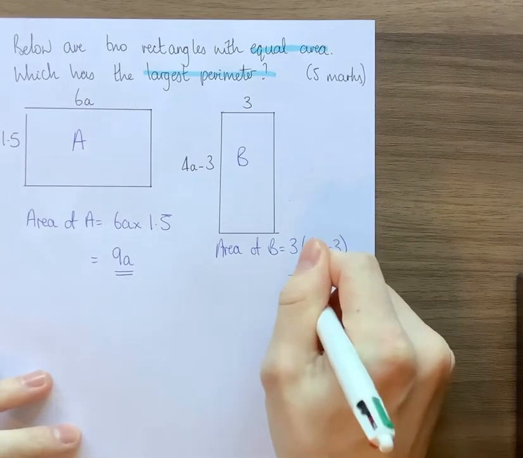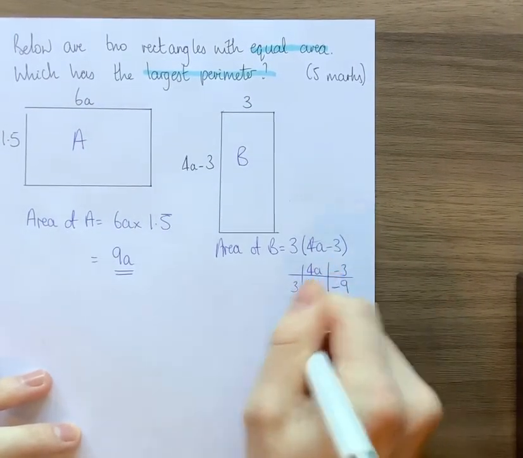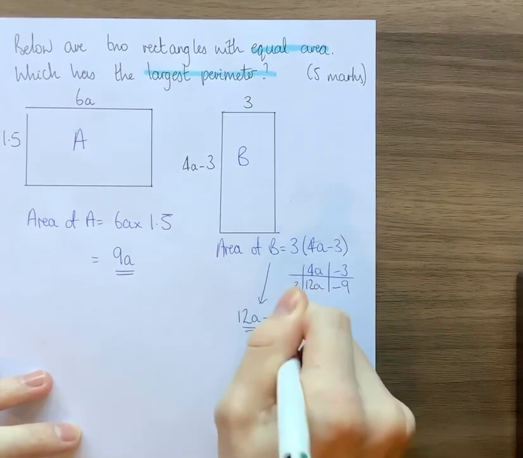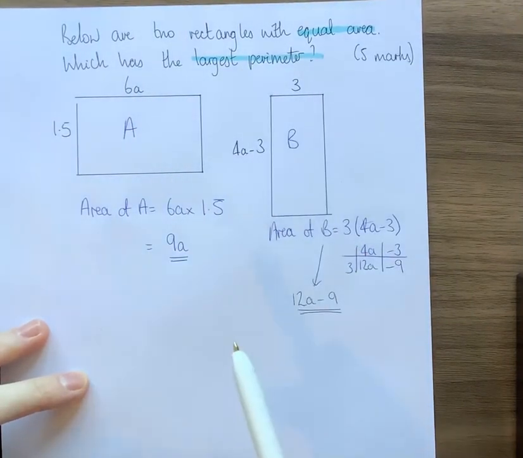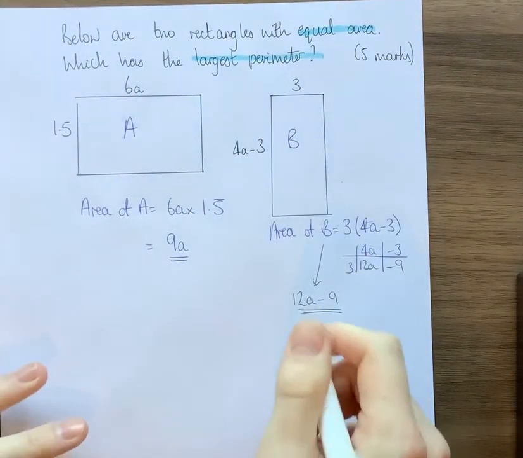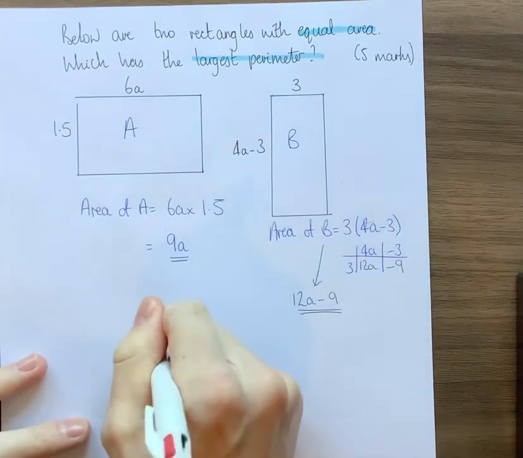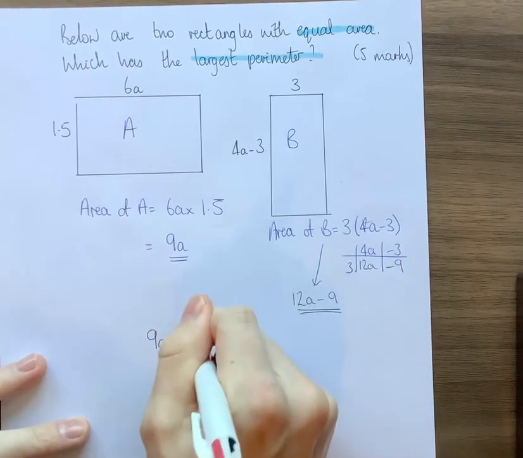So I've got 3 times 4a, which is 12a, 3 times minus 3, which is minus 9. So my area of B is 12a minus 9. Again, it's telling me that the two rectangles have equal area, so I can now form an equation that's going to help me to work out the value of a and therefore the perimeter. So I know that 9a, because it's the area of A, is equal to 12a minus 9.